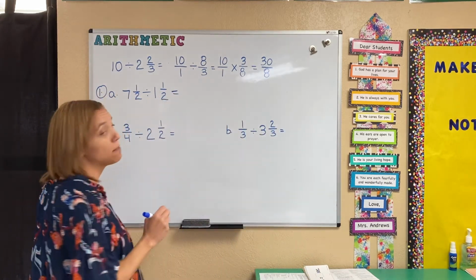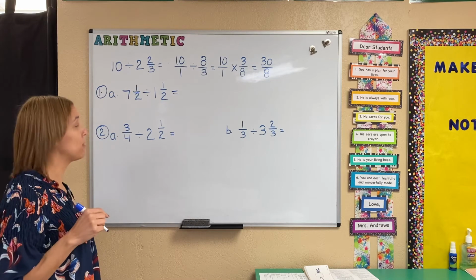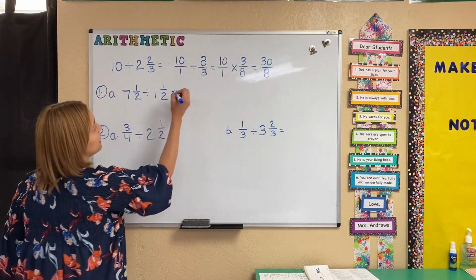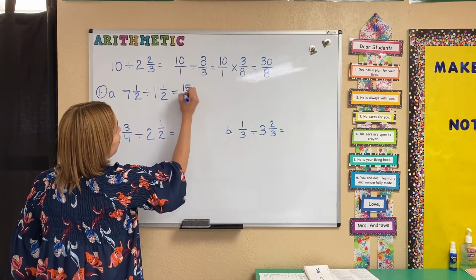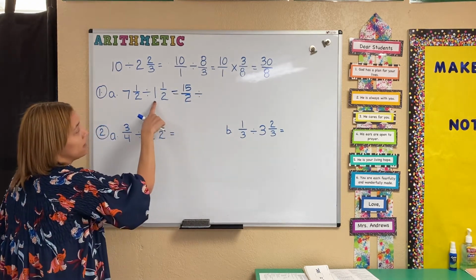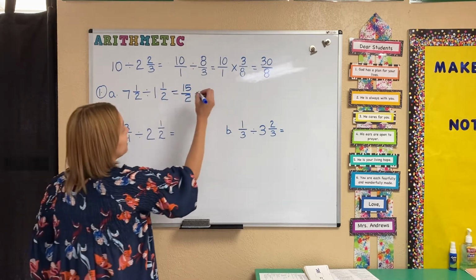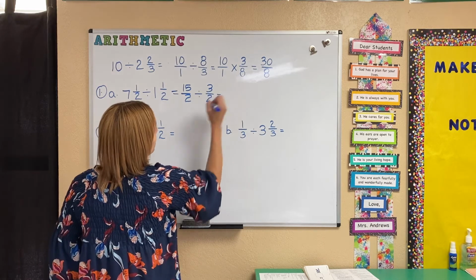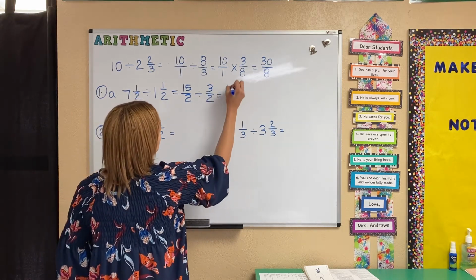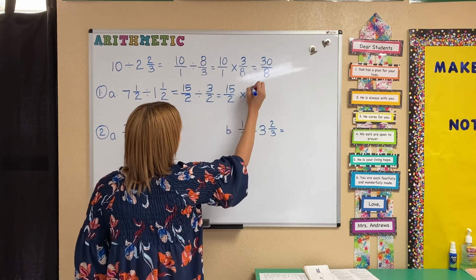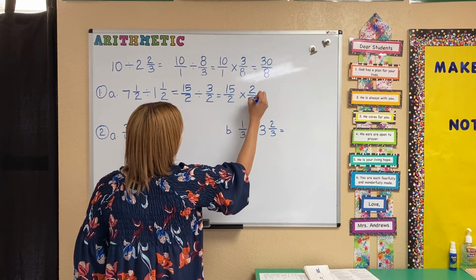Okay, so let's make the mixed numbers improper fractions. 7 times 2 plus 1 is 15 over 2, divided by 1 times 2 plus 1, which is 3 over 2. So we have 15 over 2 times 2 over 3.